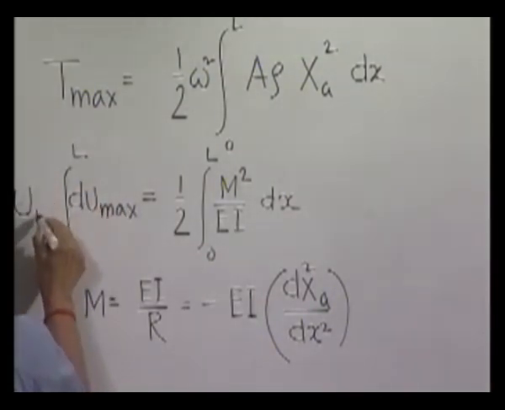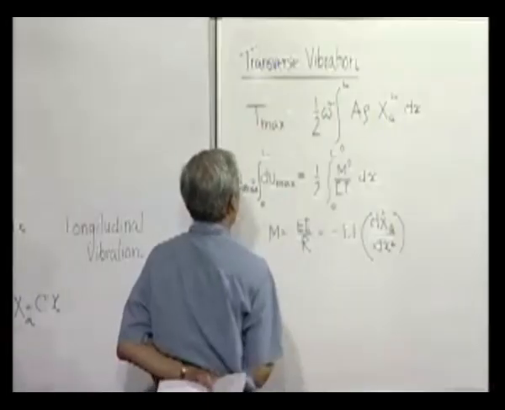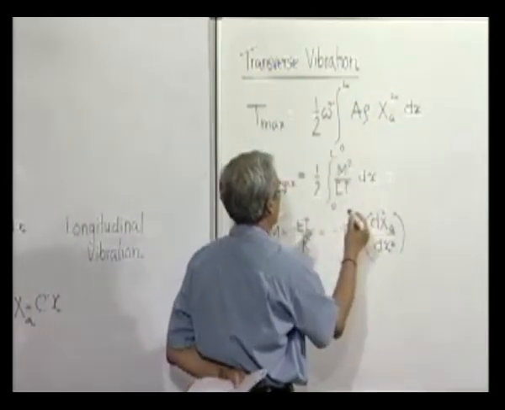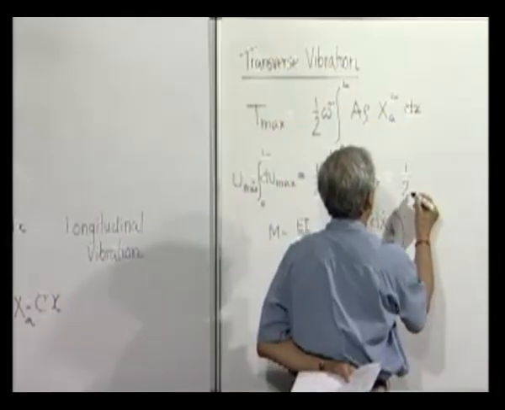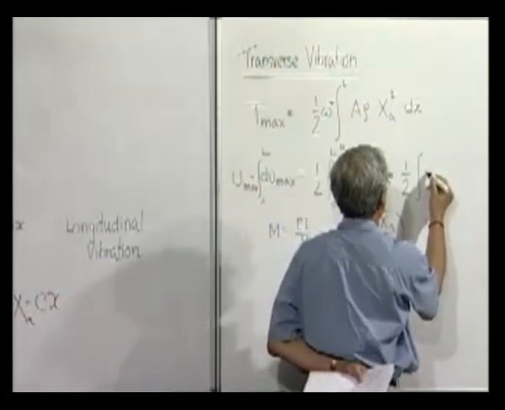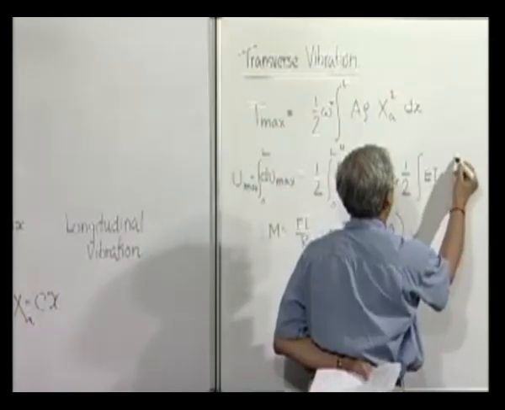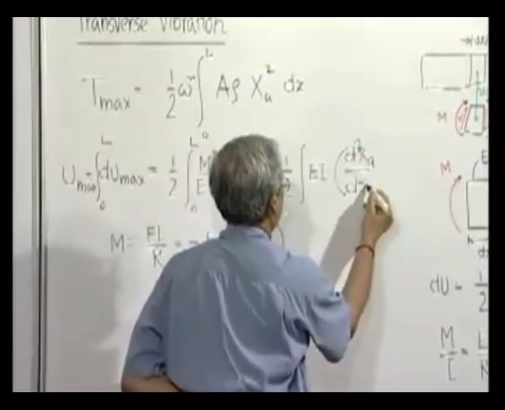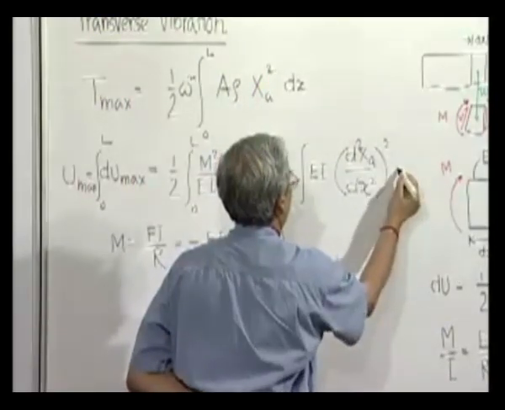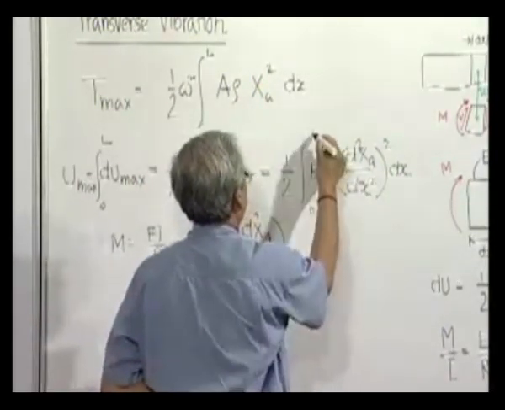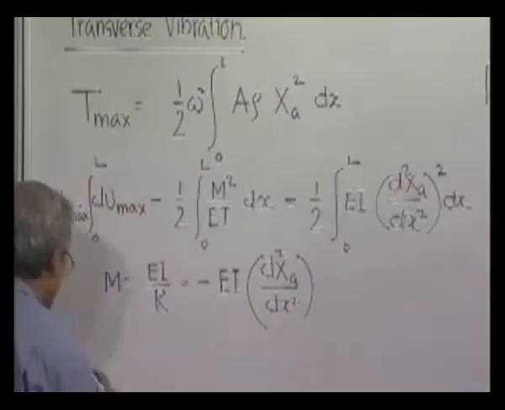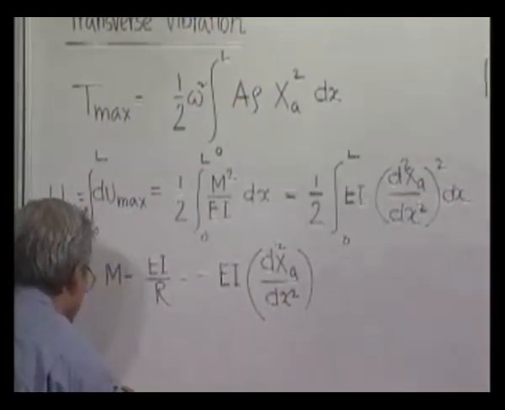this is U max. So using this, now putting the same here, we get half EI into the integral. Thus the Rayleigh quotient, when we equate the two, the natural frequency square we get as follows.